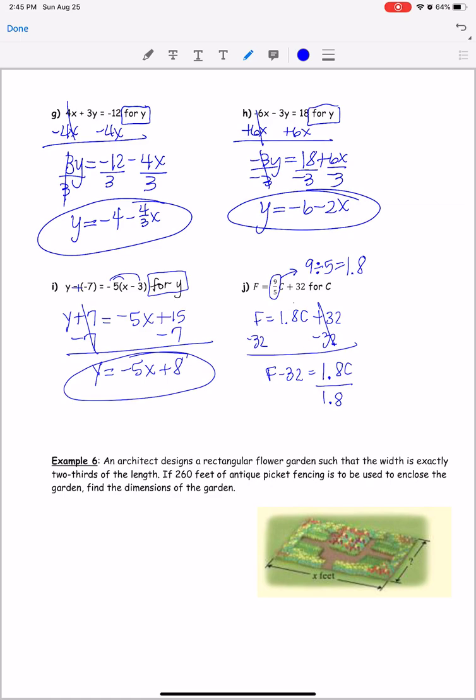I don't think it goes into 32 evenly. Let me see. 32 divided by 1.8. No, it does not. So instead, we're just going to put this all over 1.8. So I've got C equals F minus 32 all over 1.8.